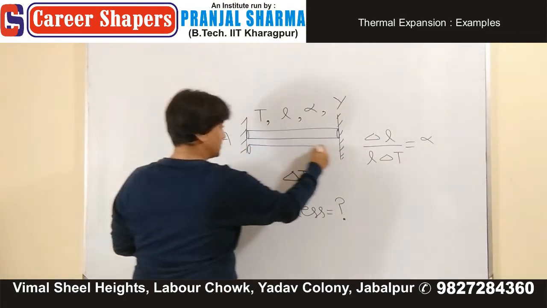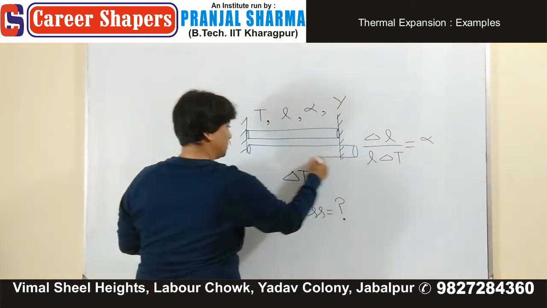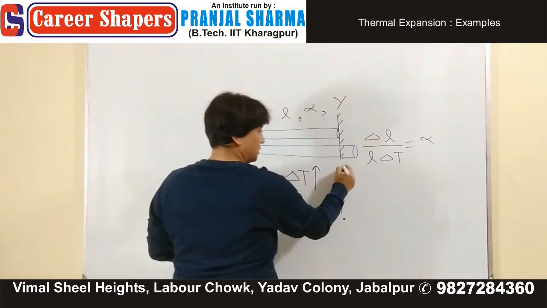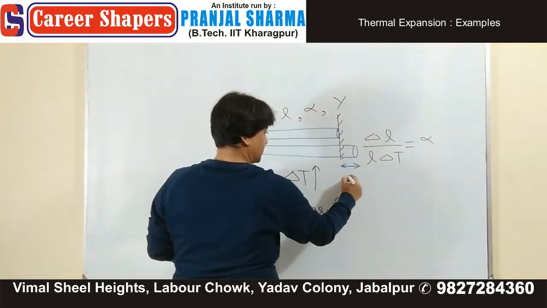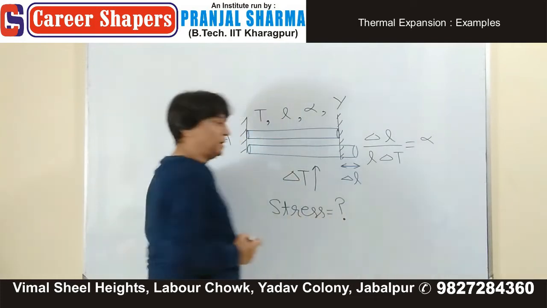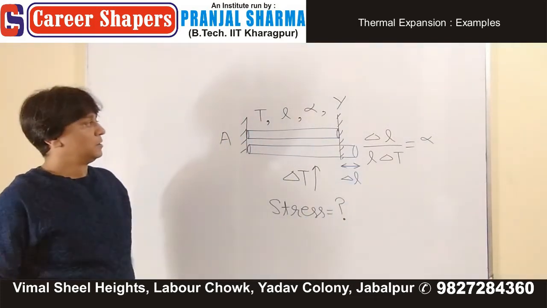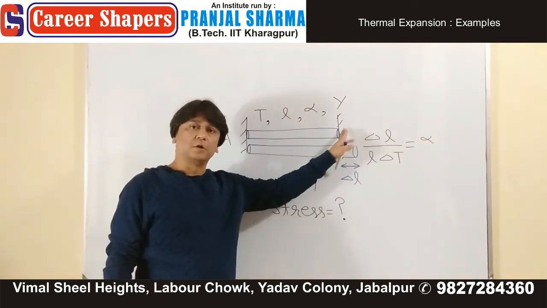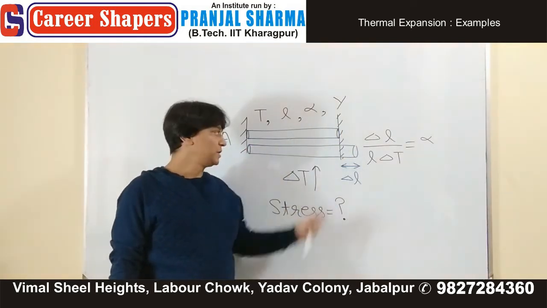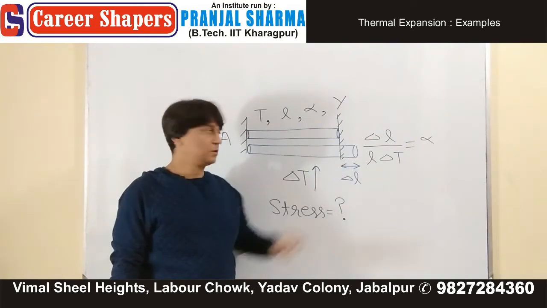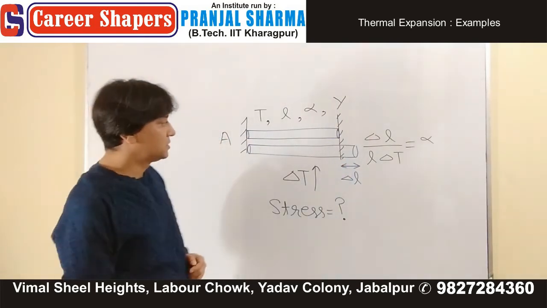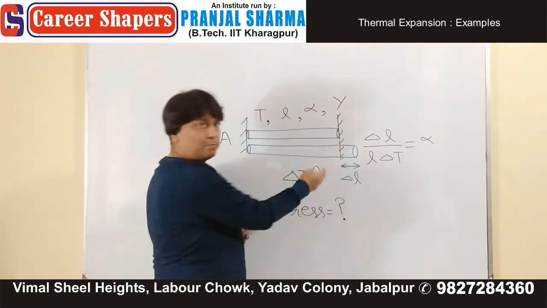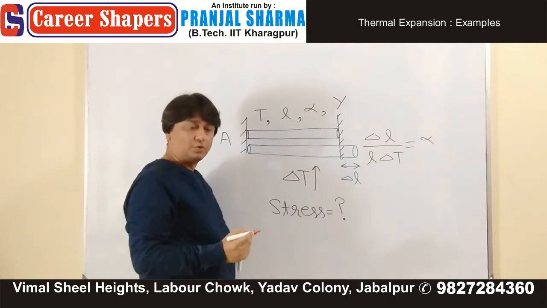If you increase the temperature, the rod will take this shape. This much is delta L. If this support is not present and you increase the temperature, that's how it will look. But now you're saying that you want to fit this rod back between these supports.